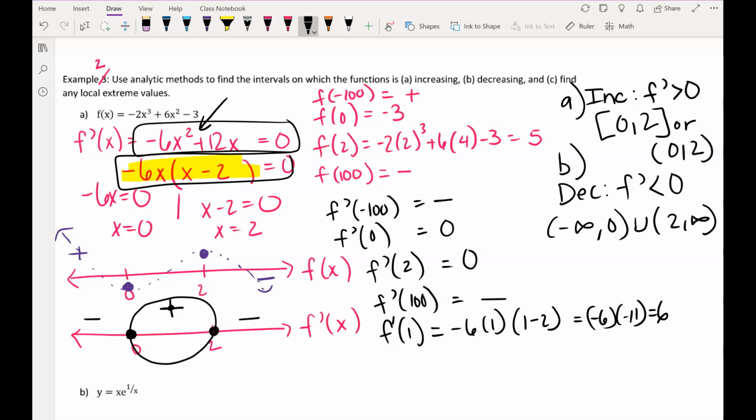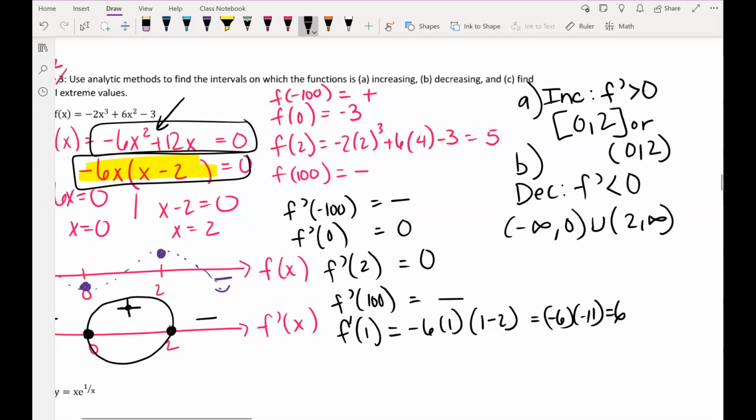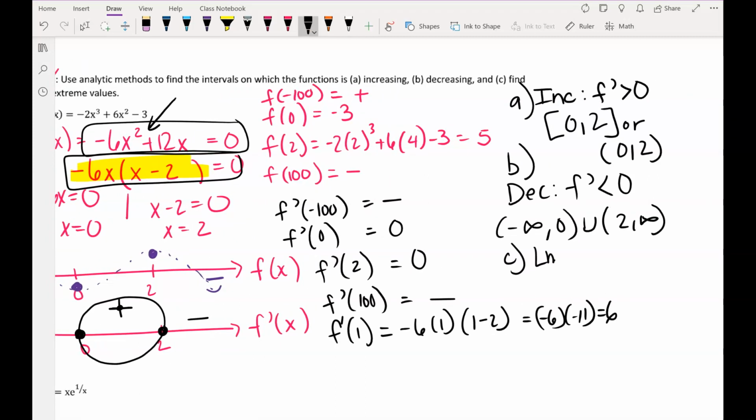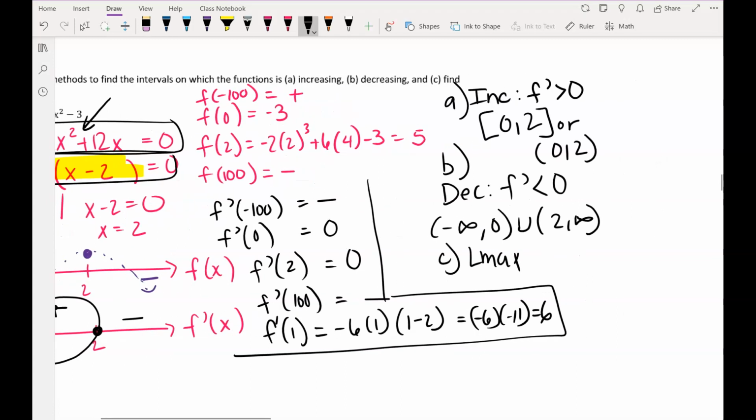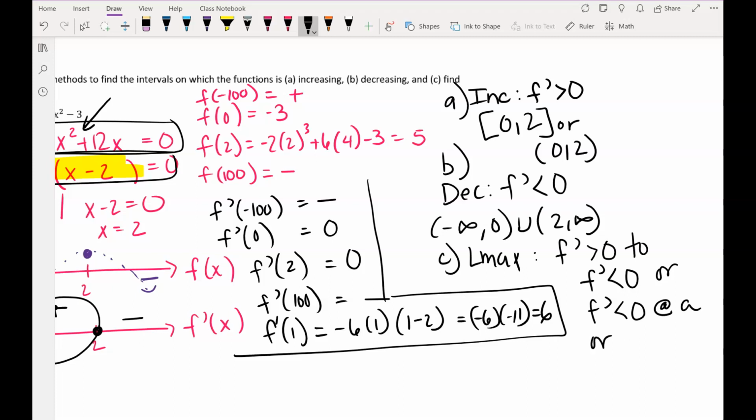C, it says find any local extreme values. Now we can also go back and double check the definition of local max. I'm going to spell it out again because I want you guys to know this really well. Local max is when the f prime goes from positive to negative, or f prime is negative at the left side, which we call A, or, I know there's a lot, f prime is positive at B on the right side.